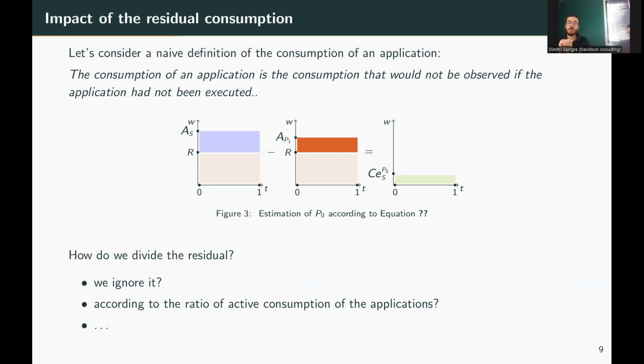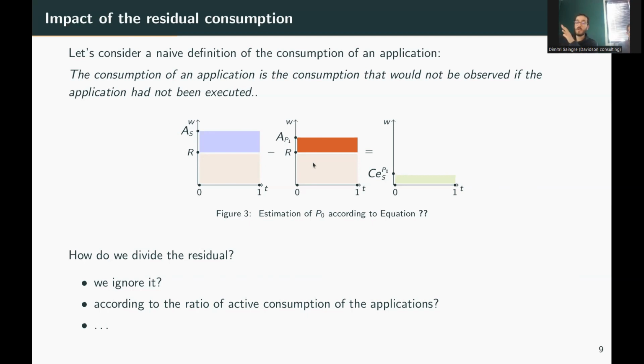The consumption of an application is the consumption that would not have been observed if the application had not been executed. So for example, let's say you have the residual consumption here in pink, and the active consumption, the linear one, in blue, of two applications running together.